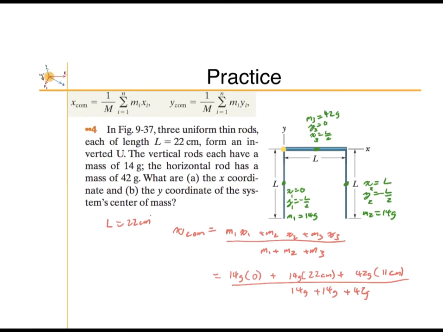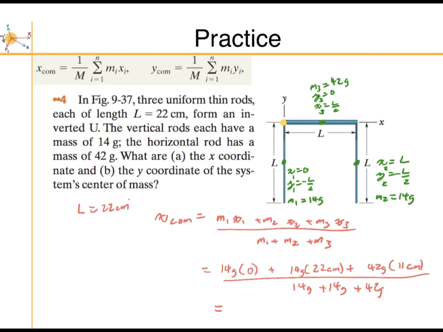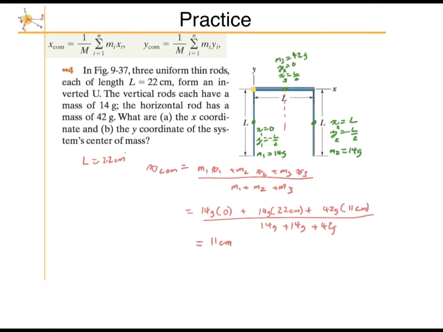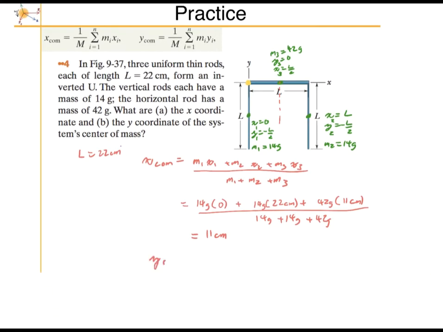And that turns out to be 11 centimeters, which is basically what we expected. We expect it to be along here. And now we can do it for y as well. So for y, center of mass, it would be M1 y1 plus M2 y2 plus M3 y3 all over the sum of all those masses, M1 plus M2 plus M3.